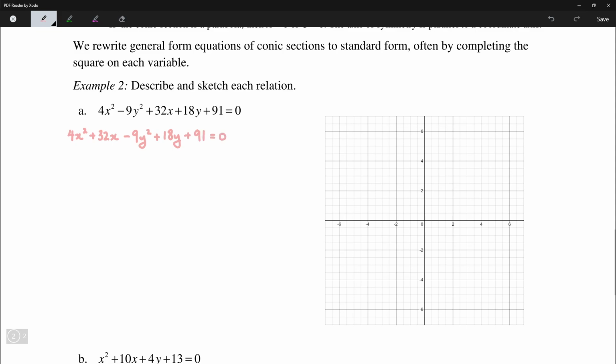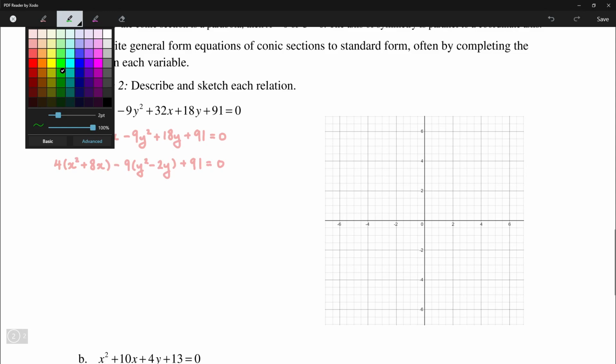Next, we are going to factor out just the coefficient in front of the squares. So we have 4 times (x squared plus 8x), and then minus 9 times (y squared minus 2y), and still plus 91. That does not change.